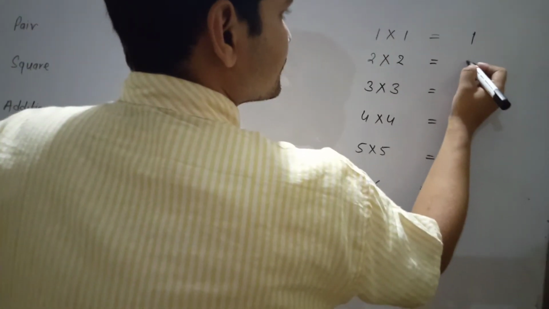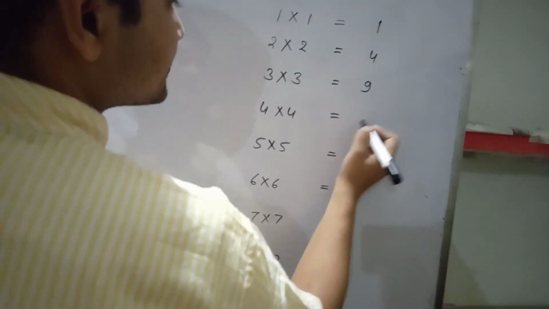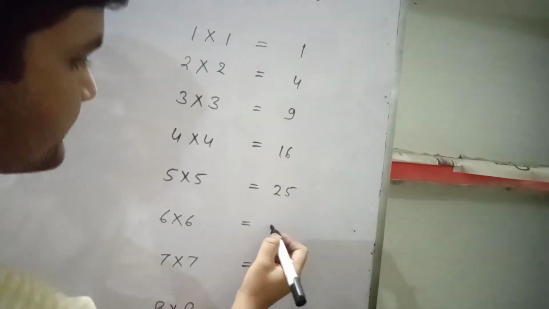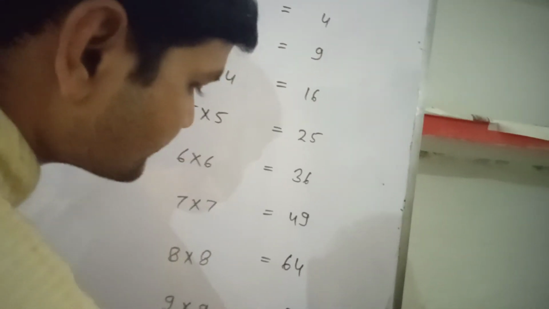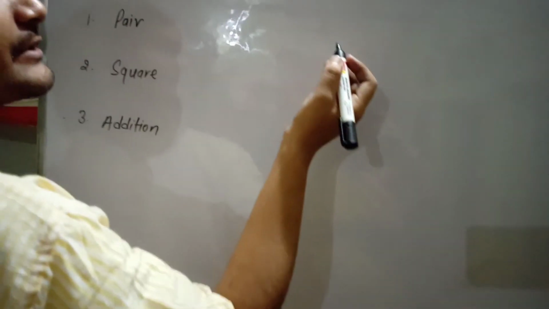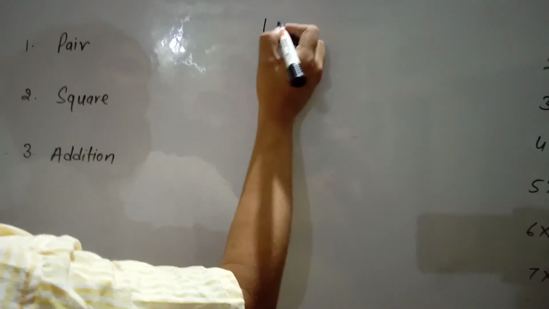Suppose we want to take the square root of 144.